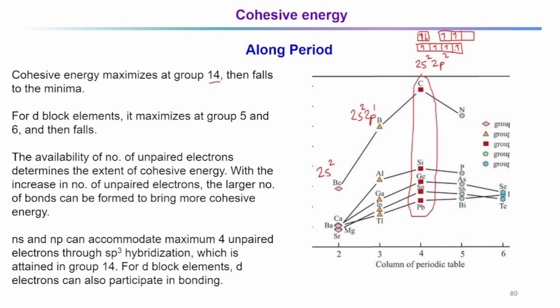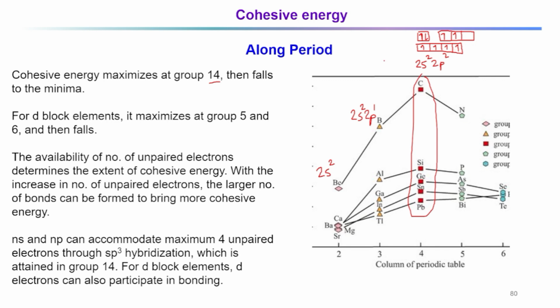So when carbon atoms are there all over, one carbon atom binds to 4 different carbon atoms. Similarly, boron can bind to at most 3 atoms, and nitrogen can bind to at most 3 atoms.